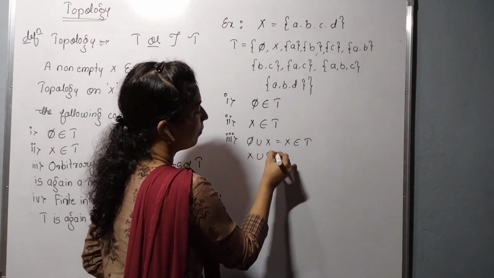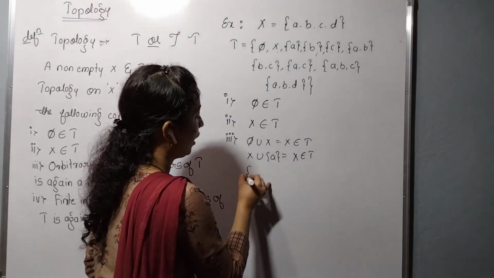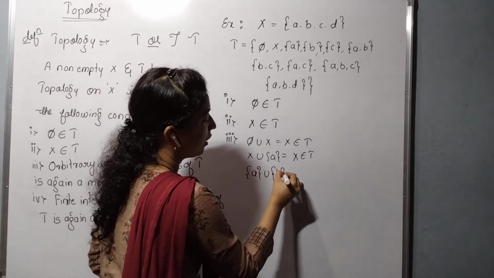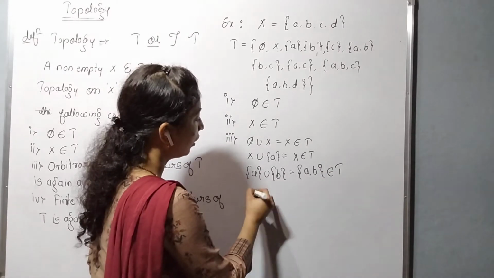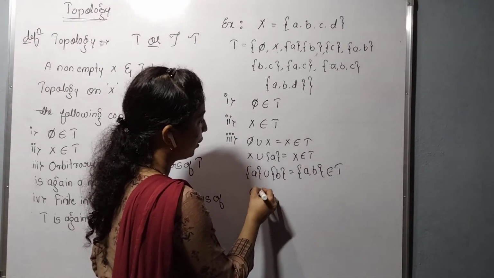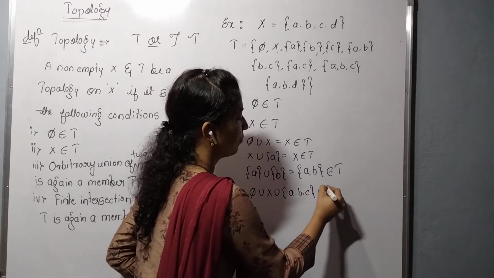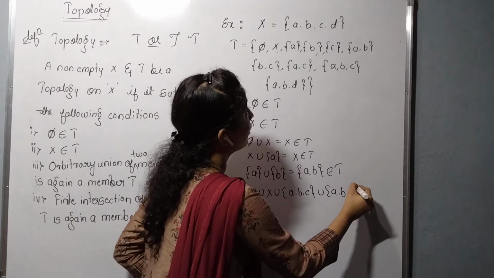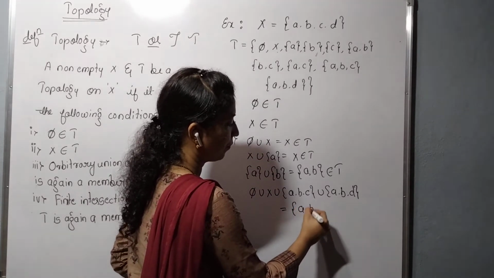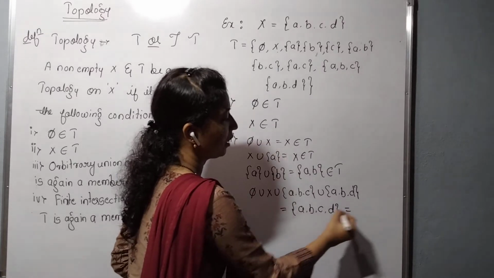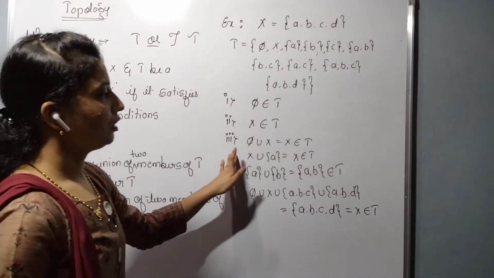And X union A is also there in tau. The next, set A union set B is nothing but AB, which is also there in the topology tau. Similarly, we write null set union X union ABC union ABD, which is equal to ABCD. This ABCD is nothing but X, and this X is again a member of tau. Therefore, the third condition is also satisfied.